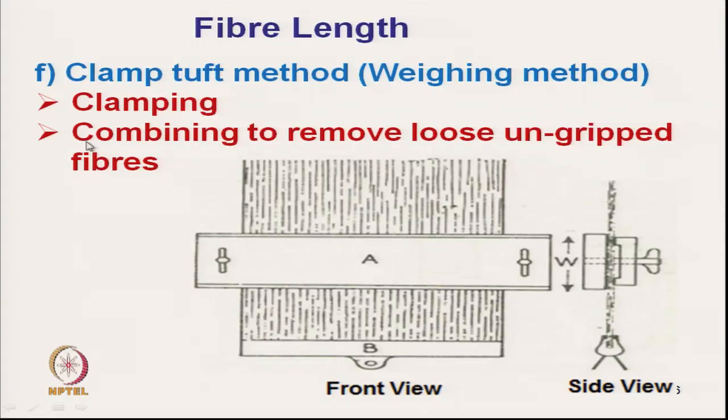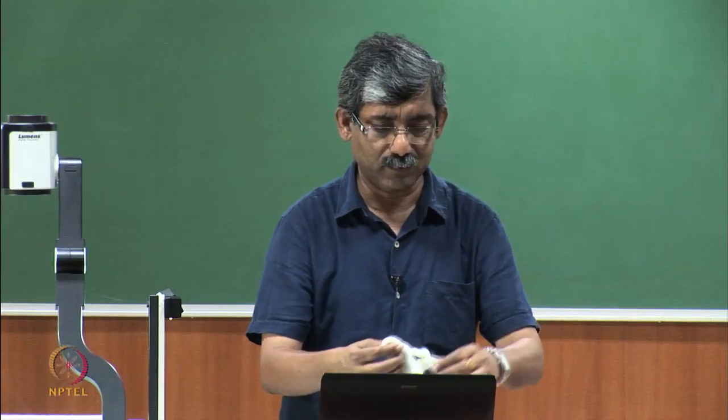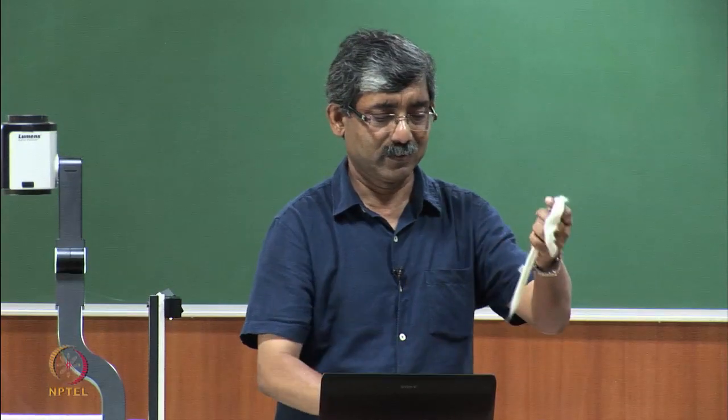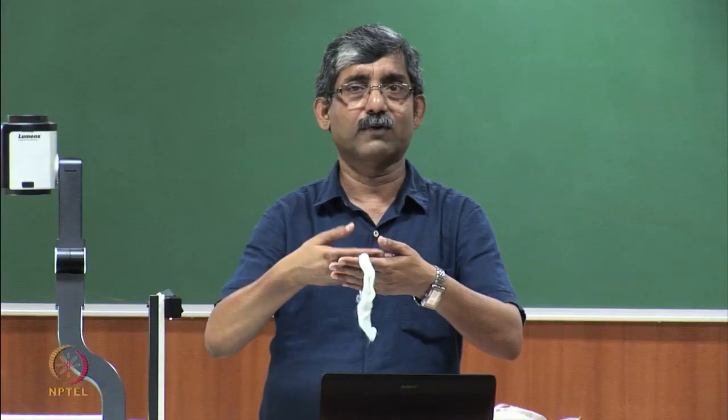The clamp tuft method is used mainly for a sliver or any parallel tuft. If we want to measure the length of fibers from the sliver, we first have to clamp the tuft. This is the side view.